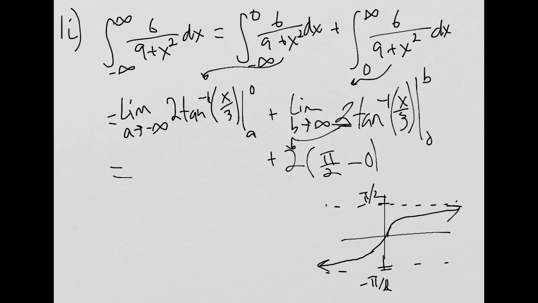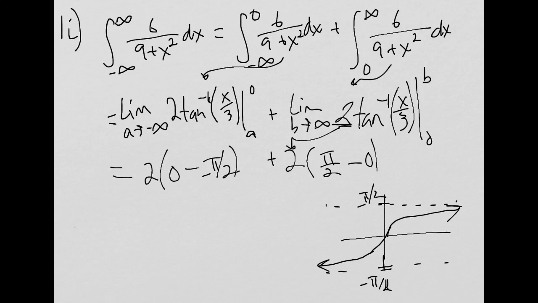So that once again gives me 2 times 0 minus, and now as I let this a value go to negative infinity, that's like sliding out this way. I go to a negative pi over 2, so I get minus a negative pi over 2.